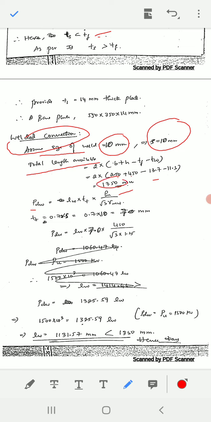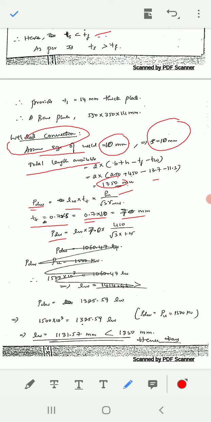Then you have to go for the Pdw formula, which you learned by heart in the second module itself: Lw into tt into fu by root 3 gamma mw. The tt value you have to find out, that is 0.7 into s, which you studied in the second module. 0.7 into 10, that is 7 mm.